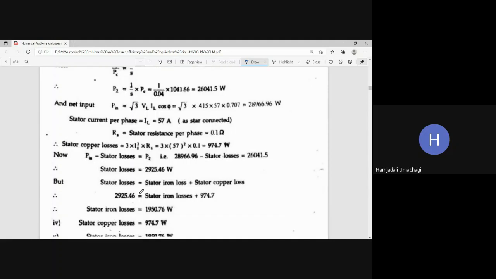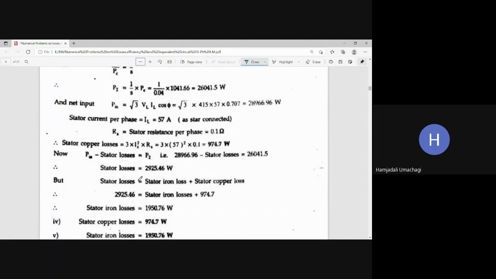But we know that stator loss is the combination of iron plus copper losses. Therefore, stator loss is equal to stator iron loss plus stator copper loss, where stator loss is totally 2925.46, stator iron loss is unknown, and we have calculated the stator copper loss as 974.7 watts.